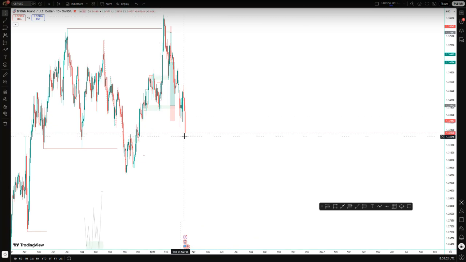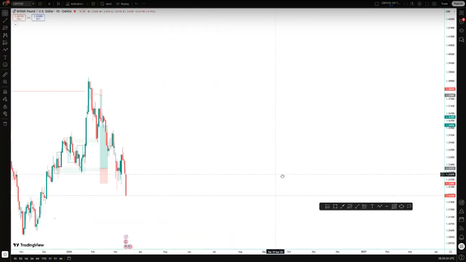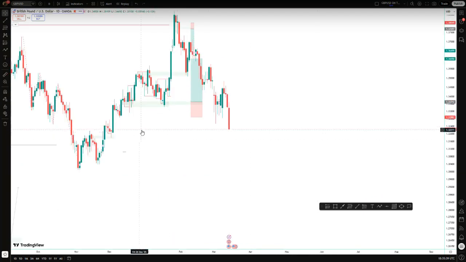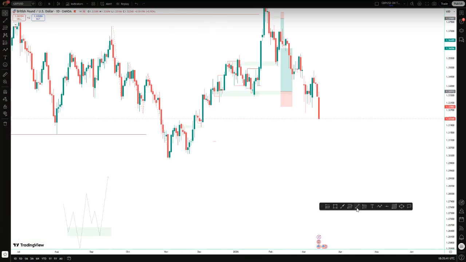Draw it out and let me know what you see, and also find a candlestick just like this one. Find it and let me know if it is a bullish or a bearish candle.